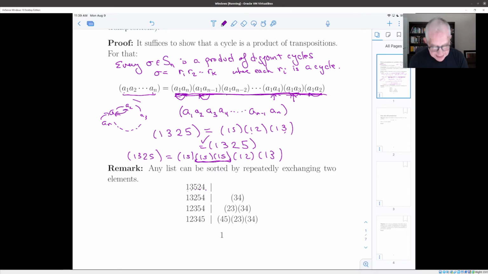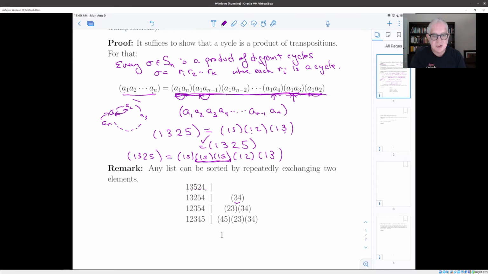On the right-hand side, I'm going to write down the permutations that I'm going to do. First, I'm going to switch the numbers in the third and fourth positions. That's how you read that. So I'm going to switch the 5 and the 2, and it becomes 2, 5. My goal here is to move the 2 all the way to the left. Having switched the third and fourth positions, now the 2 is in the third position, and I switch it with the 3, which is in the second position. That's the transposition (2 3).